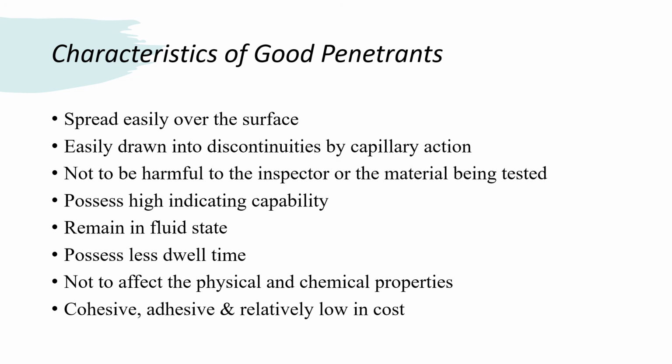It possesses high indicating capability, remains in fluid state, and possesses less dwell time. It is not to affect the physical and chemical properties of the specimen. It has cohesive and adhesive properties and is relatively low in cost. So these are the main requirements for good characteristics of a penetrant.